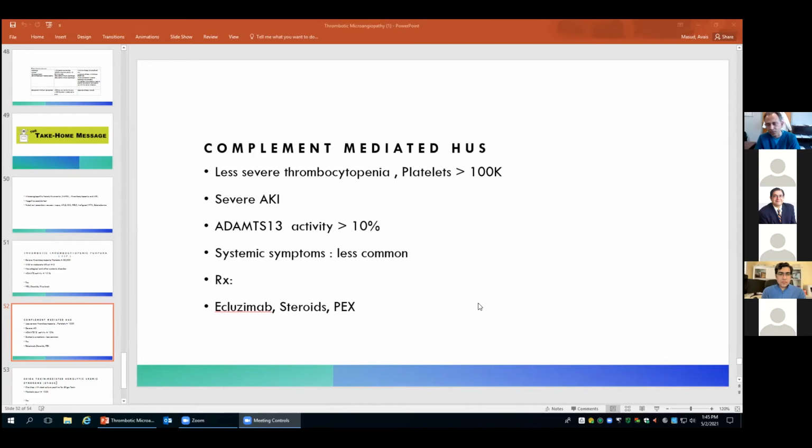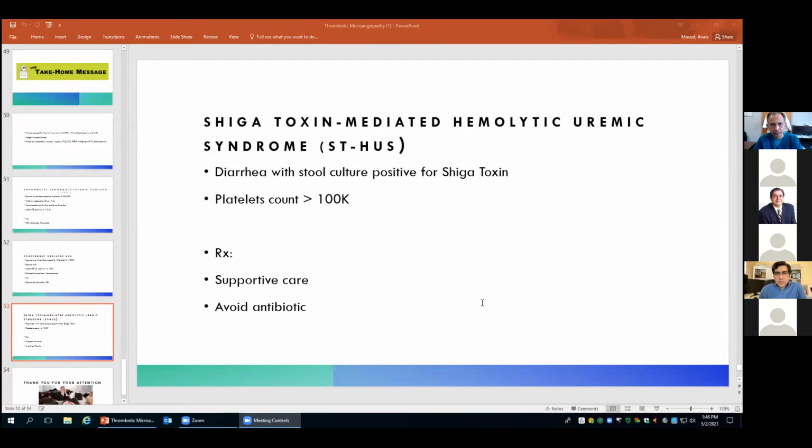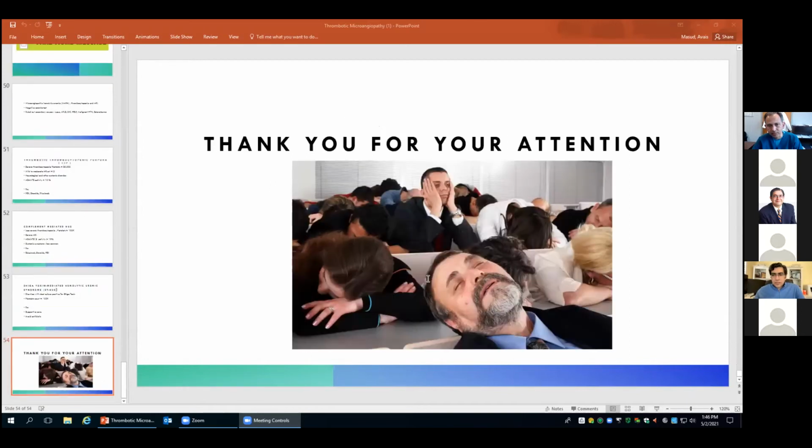Obviously, if there's no diarrhea or Shiga toxin, then you're dealing with complement-mediated HUS, and treatment is eculizumab, and when it's not available, then steroids and plasma exchange. And when you're dealing with diarrhea and Shiga toxin HUS, then it's mainly supportive treatment, and avoid antibiotics.